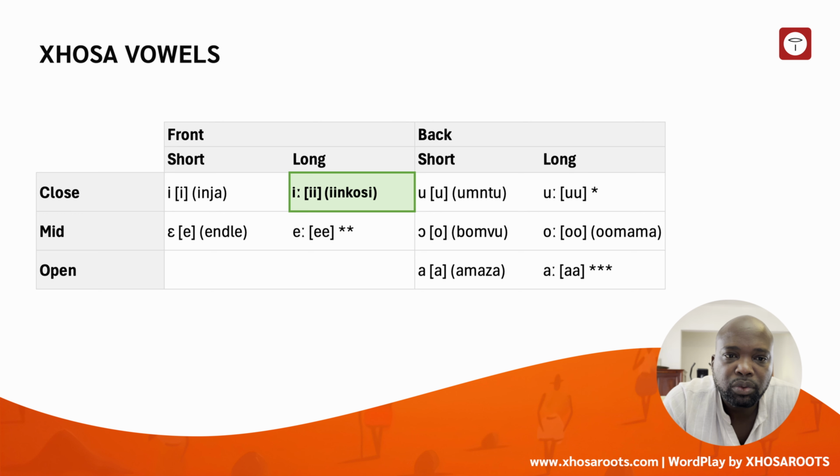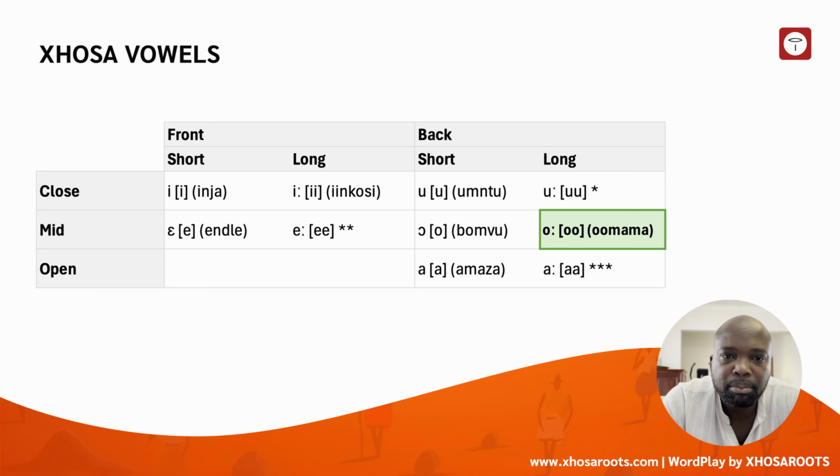We have omama, mothers, as opposed to umama, a mother. Both instances are contrastive. They change the meaning. They affect the meaning of the words. In this case, like I said, they indicate plurality. In both these cases, these vowels are contrastive. This type of lengthening represents a morphological change.